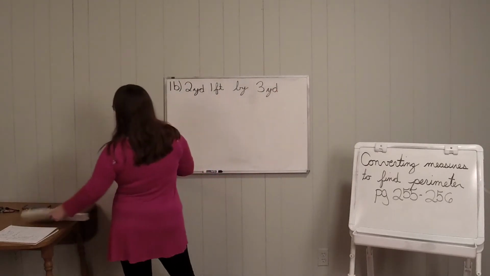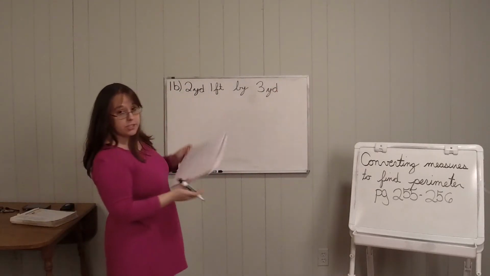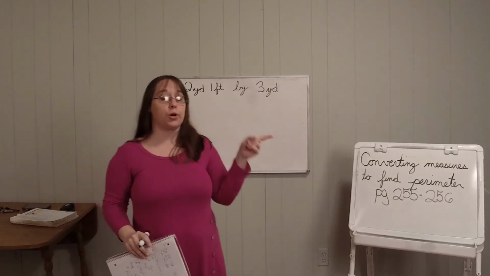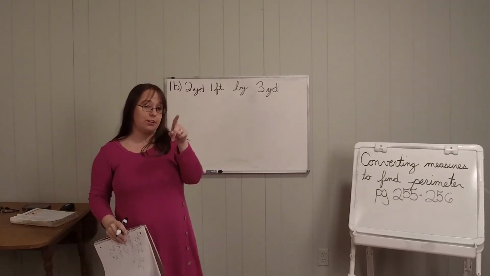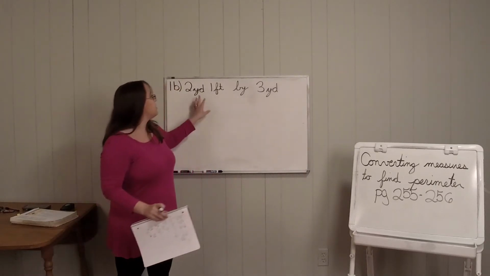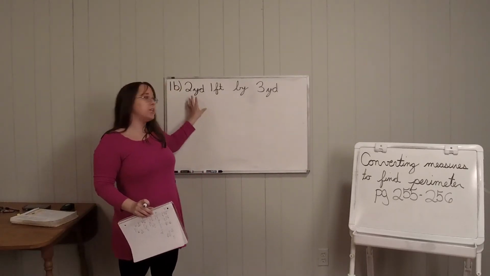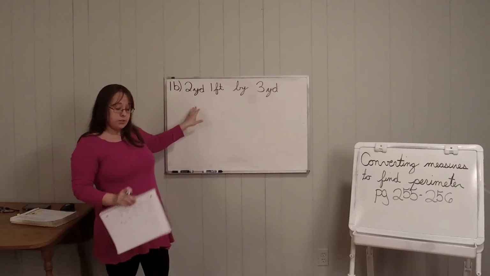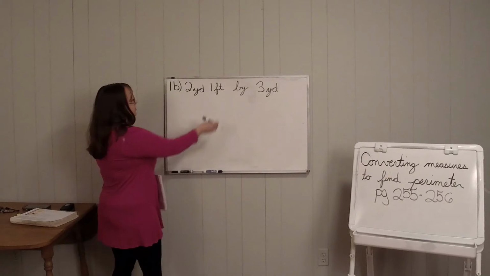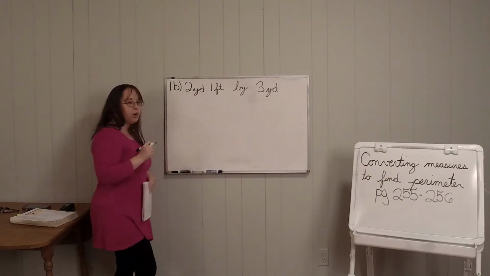Okay, if you remember our directions, because some of you don't read the directions before you work a problem out, and then you don't do it right. You have to always read your directions first, okay, class? Okay, so the biggest form of measurement here is what? Is it yards or feet? It's going to be yards. So we're going to have to turn this foot into yards.